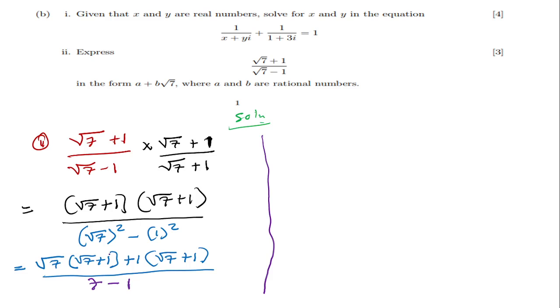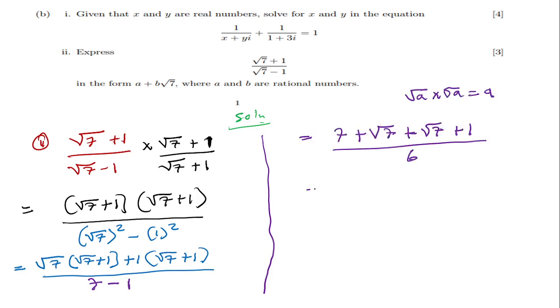Square root 7 times 1, the answer is positive square root 7. And then plus, square root 7 times 1 is square root 7, like that. And then 1 times 1, the answer is 1. Then over, you're going to say 7 minus 1, it is 6.